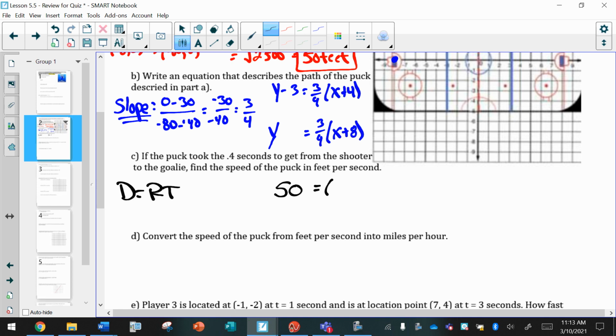We are looking for the rate, and they told us the time was 0.4 seconds for the puck to travel from the shooter to the goalie. So divide both sides by 0.4. 50 divided by 0.4 is 125 feet per second is our rate.